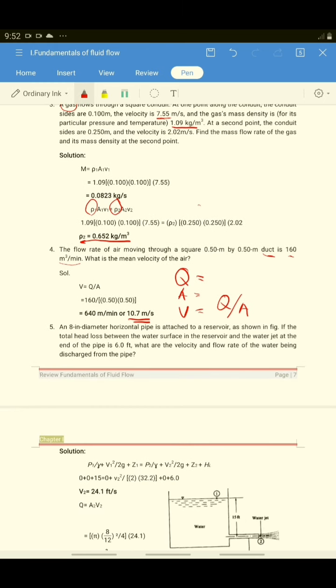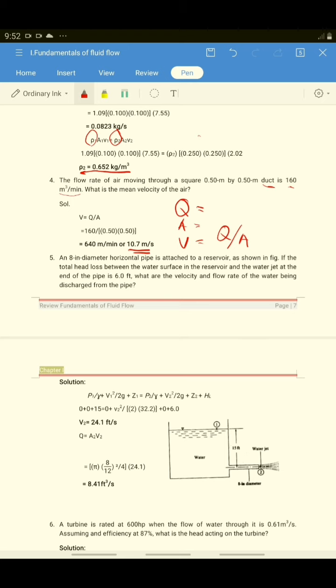Then number 5, an 8 inch diameter horizontal pipe is attached to a reservoir as shown in the figure. If the total head loss between the water surface in the reservoir and the water jet at the end of the pipe is 6 feet, what are the velocity and the flow rate of the water being discharged from the pipe?